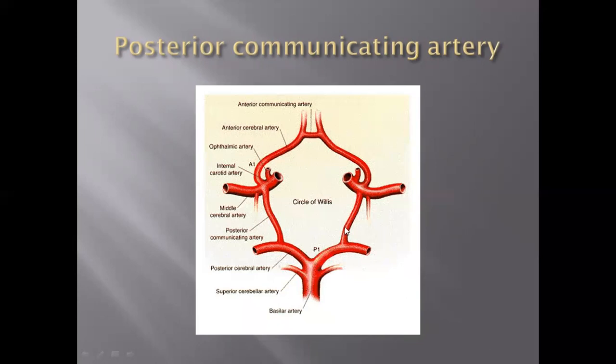And they also help in forming the circle of Willis. Right? These posterior communicating arteries will give you some arteries known as posteromedial central arteries, which I'll show in a subsequent slide. So just remember that they do take part in the formation of the circle of Willis, and they are actually branches coming from the internal carotid, not the posterior cerebral there.